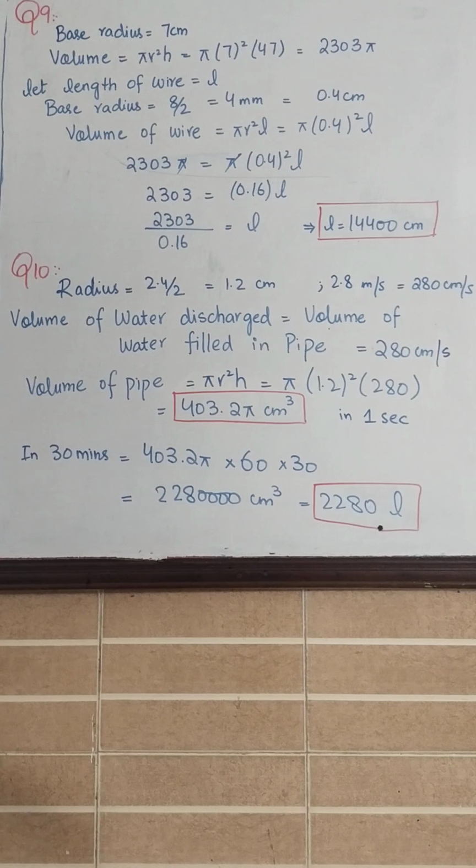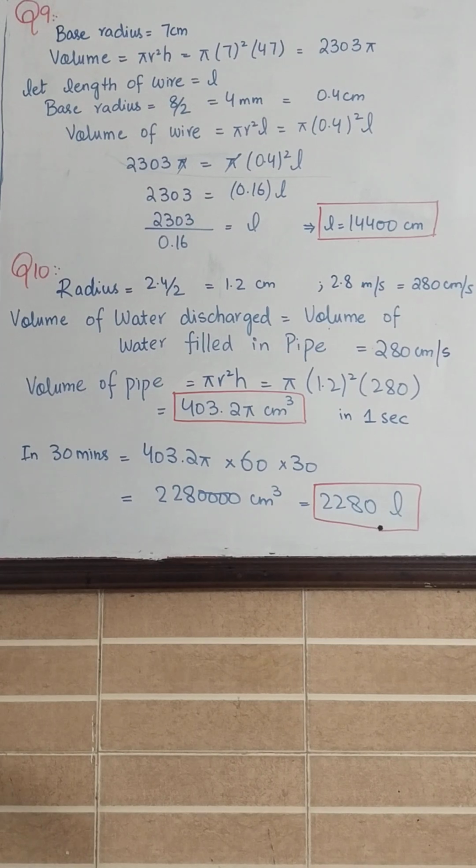You know the values of pi and r, and h is equal to the length, which is 280. If the water discharge is 280 centimeter per second, it means the length of the pipe is 280. So this is the volume, 403.2 pi centimeter cube.